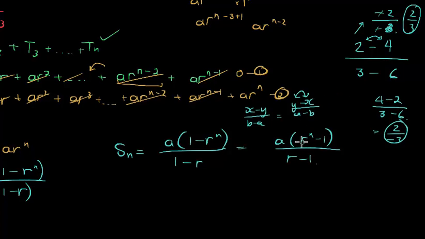The only reason why you would want to do that is so that, for example, if r is greater than 1, then you have in the top greater than 1 minus 1, and in the bottom greater than 1 minus 1. So you have a positive and a positive instead of a negative and a negative. But what difference does it make? Why remember two formulas and an extra thing when you can just remember one formula that will always work?